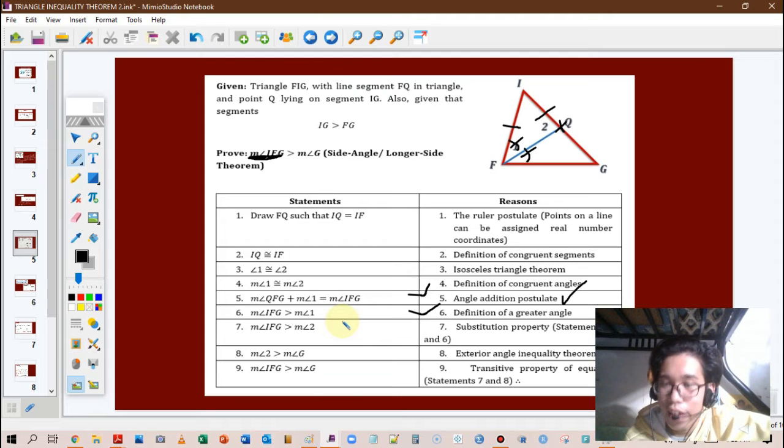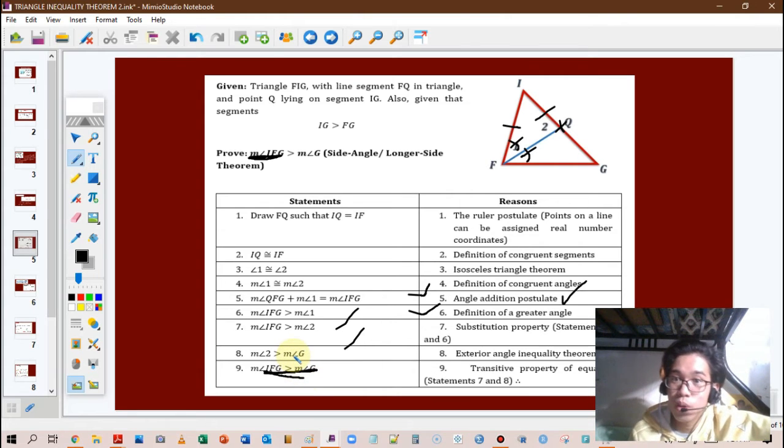For the 8th statement, the measurement of angle 2 is greater than the measurement of angle G using the exterior angle inequality theorem. And lastly, the measurement of angle IFG is greater than the measurement of angle G using the transitive property of inequality, going back to statement 7 and statement 8. Therefore, we can conclude that our theorem is true.